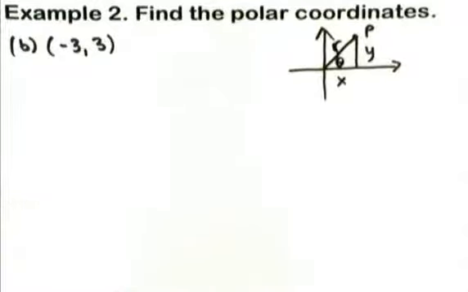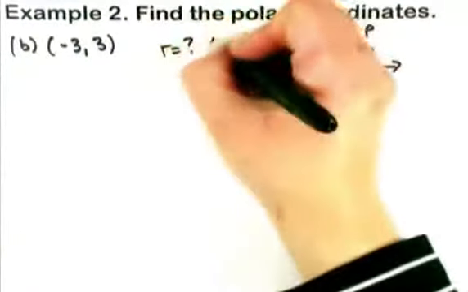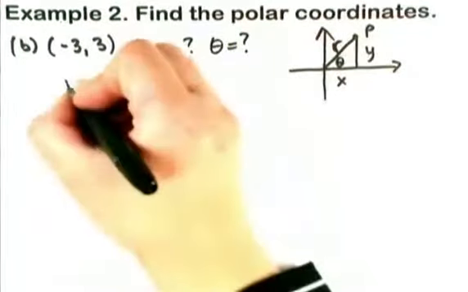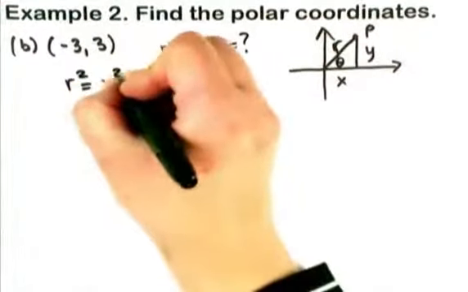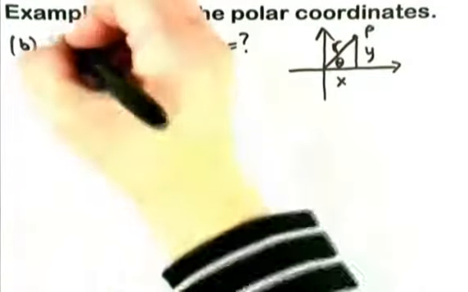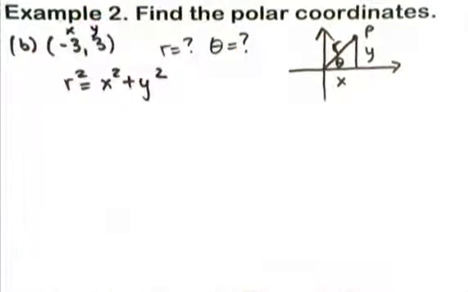And we are looking for r and theta, of course. So we can find r using the Pythagorean theorem, that r squared is equal to x squared plus y squared. So those minus 3 and 3 represent x and y. This is my x, this is my y.